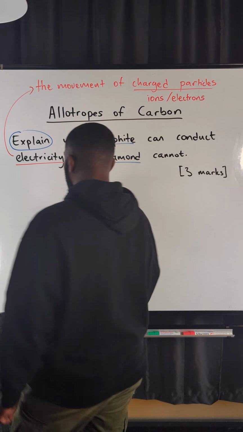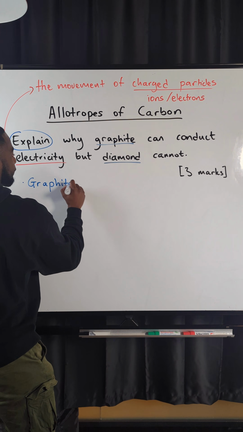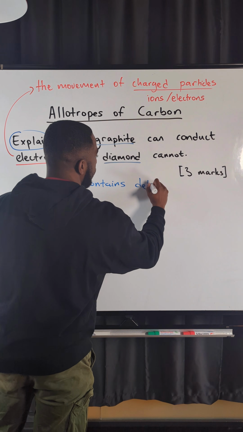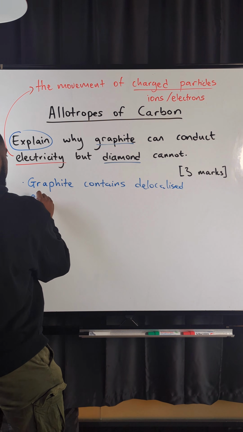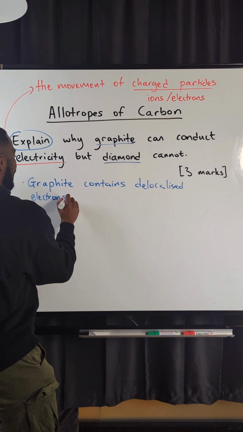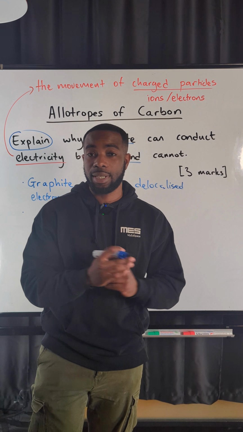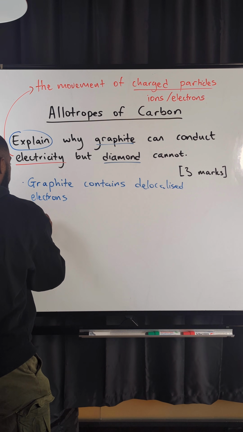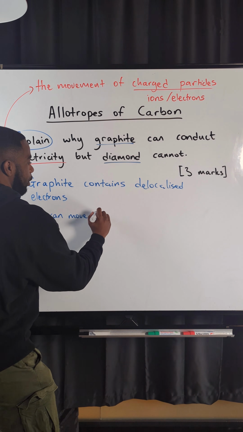So first thing you need to know is graphite contains delocalized electrons. And what is important about these delocalized electrons, if I can say that word properly, is they can move through the structure.